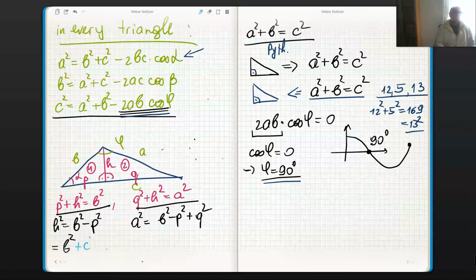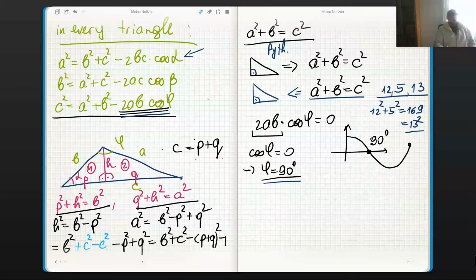I'm adding c squared and subtracting it at the same time, so I'm not changing anything. Minus p squared plus q squared. Now we see that c was constructed this way. It's the sum of p and q. So I keep the first c squared value. The second one I'm rewriting as (p plus q) squared, minus p squared plus q squared.